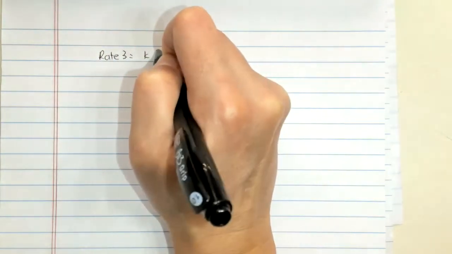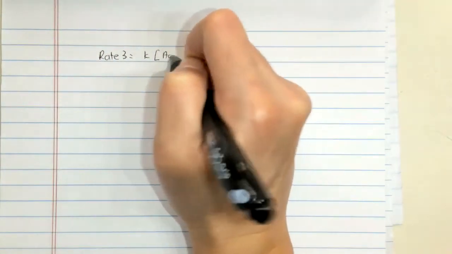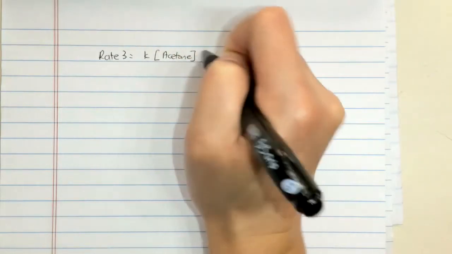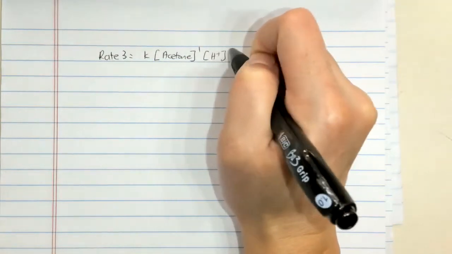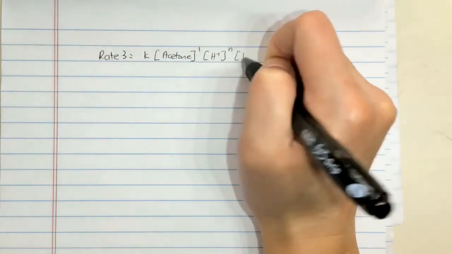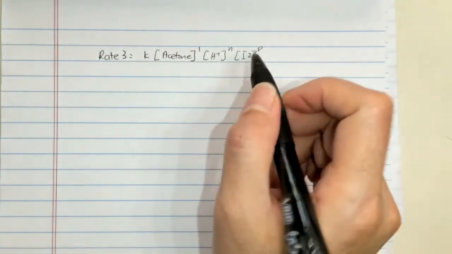Okay, so rate 3 equals K, and then acetone. I know that was to the power of 1 already, but now I have to find H plus to the power of n, and then I2 to the power of p. So I'm going to go ahead and write that out here.